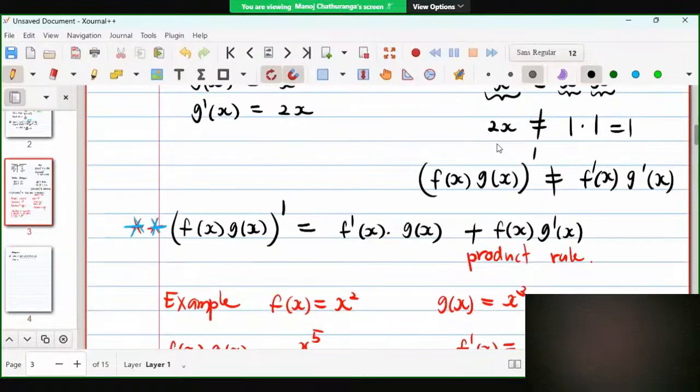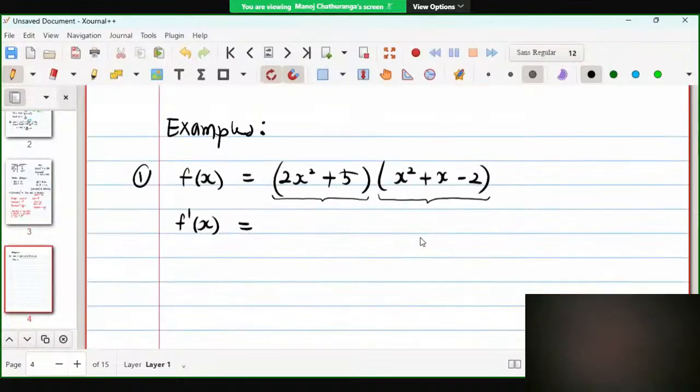Remember, differentiate the first factor while keeping the second factor constant. So differentiate the first factor.